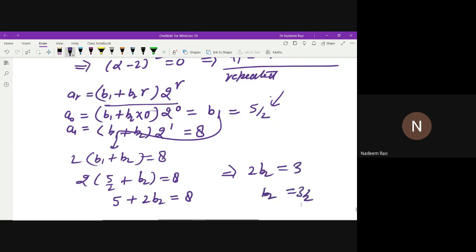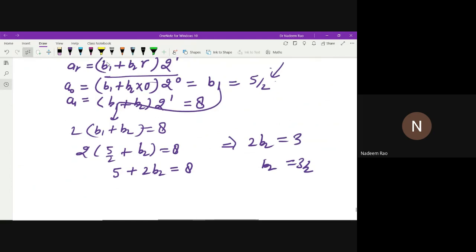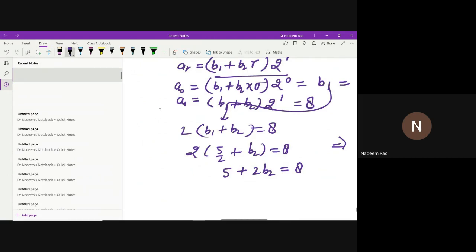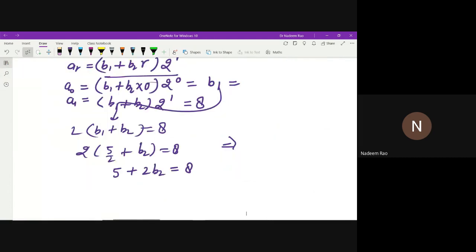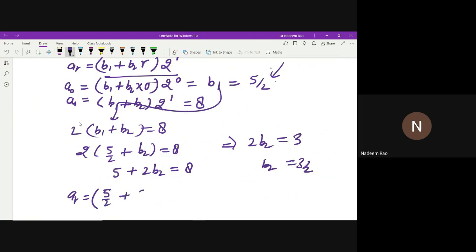Now the required solution is a_r equals to B1, 5/2, plus B2, 3/2, and then r is as it is, times 2 to the power r, which is the required solution of the given difference equation.